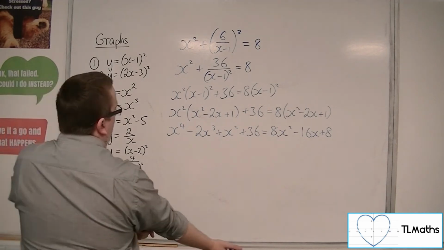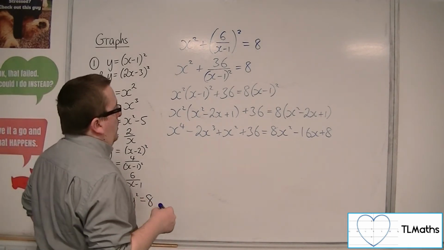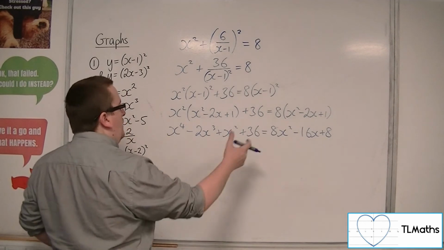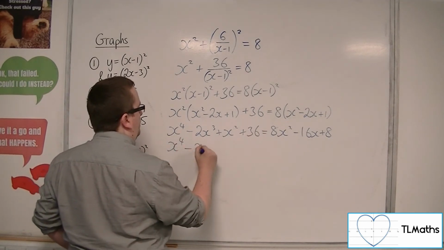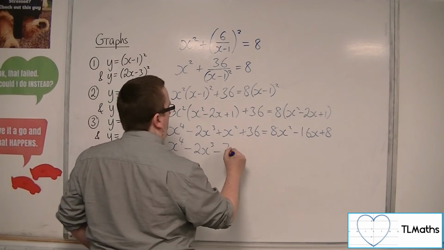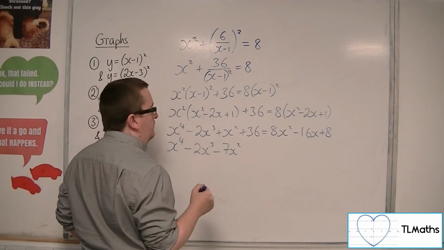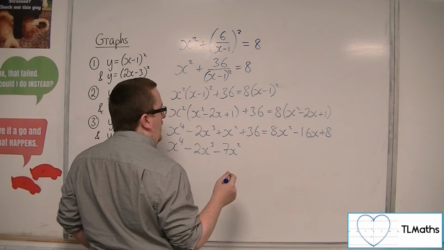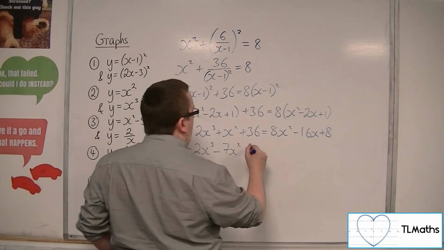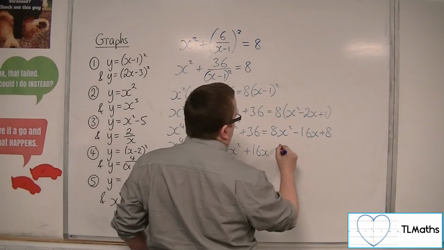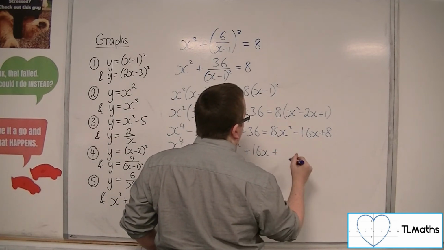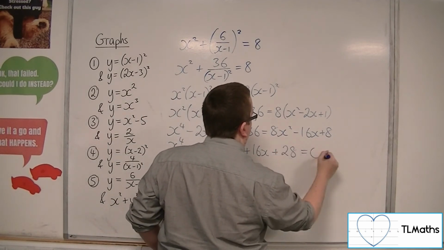So now I'm going to subtract 8x squared from both sides, add 16x to both sides and take 8 from both sides. So I would get 28.